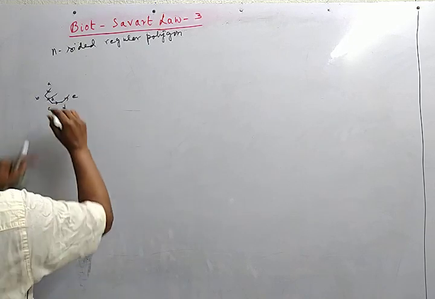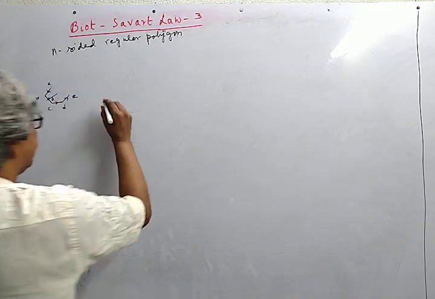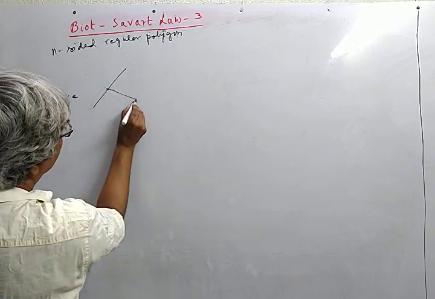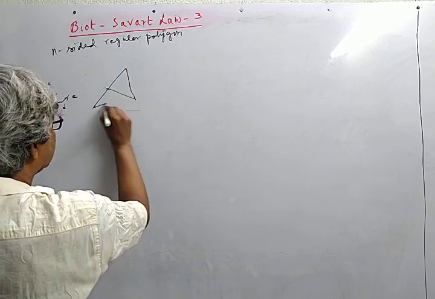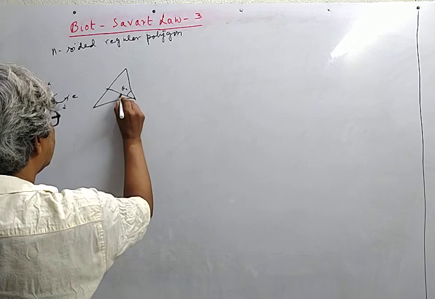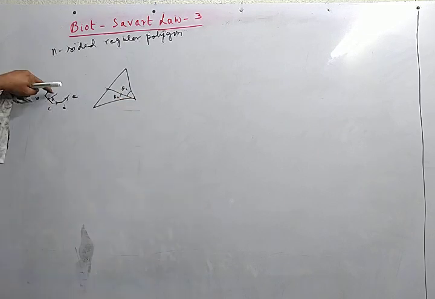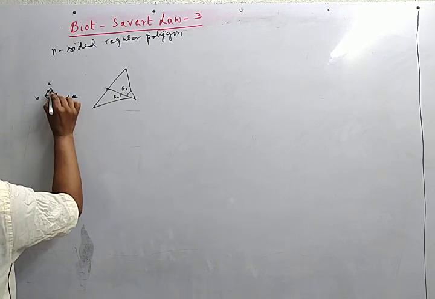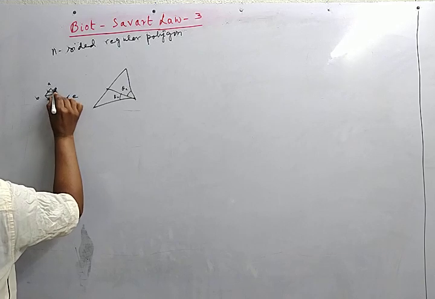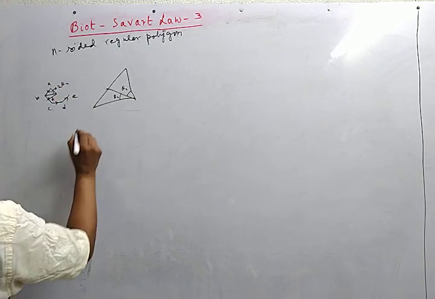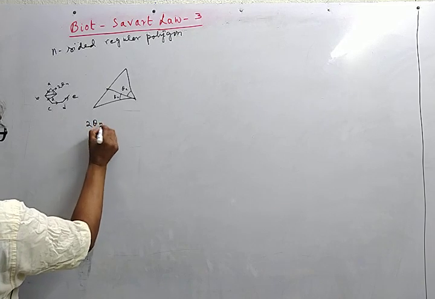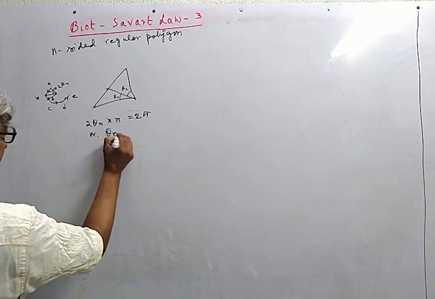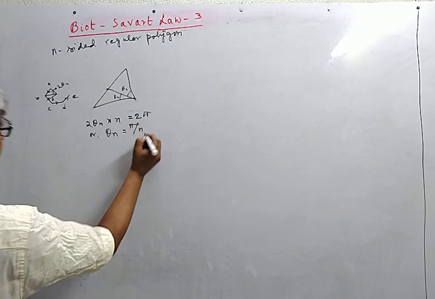If we consider the side AB, then this AB side, when drawn in an extended way, this is the distance d, and this is the angle that they make. This is theta n, this is theta n. So each side subtends 2 theta n, and the total angle subtended is 2 theta n times n equal to 2 pi, or theta n is equal to pi by n.